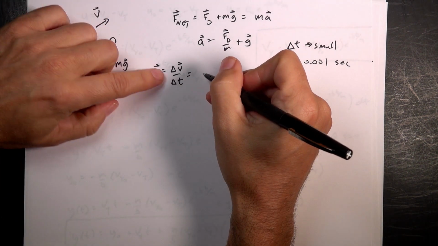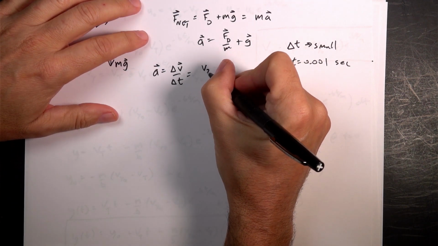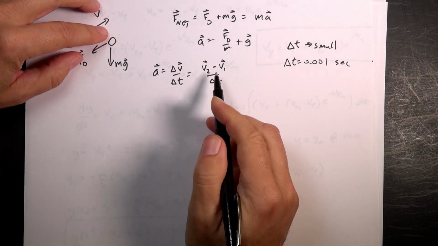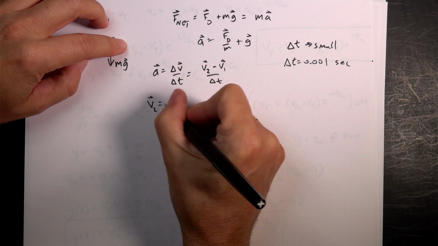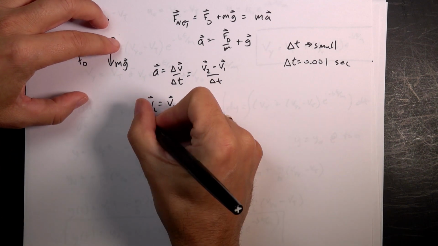If I think of the velocity at the beginning of the time interval as v1 and at the end as v2, this is (v2 minus v1) over delta t. If I solve this for v2, I get v2 equals v1 plus a delta t.